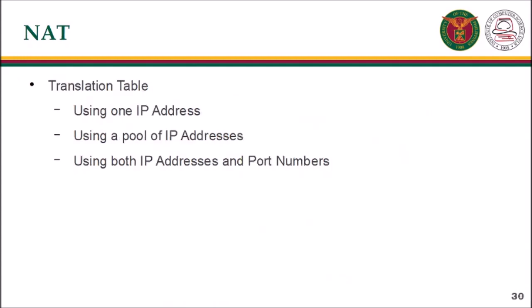Translating the source address for an outgoing packet is straightforward. For incoming packets, the NAT router knows the destination address through the translation table. It can have many forms, such as using one IP address, using a pool of IP addresses, and using both IP addresses and port numbers.